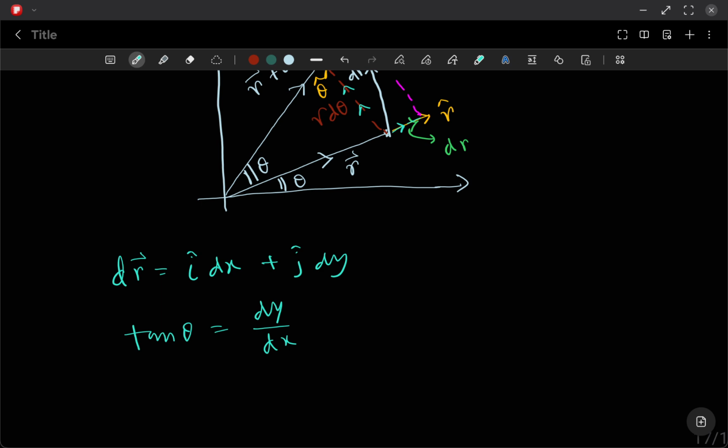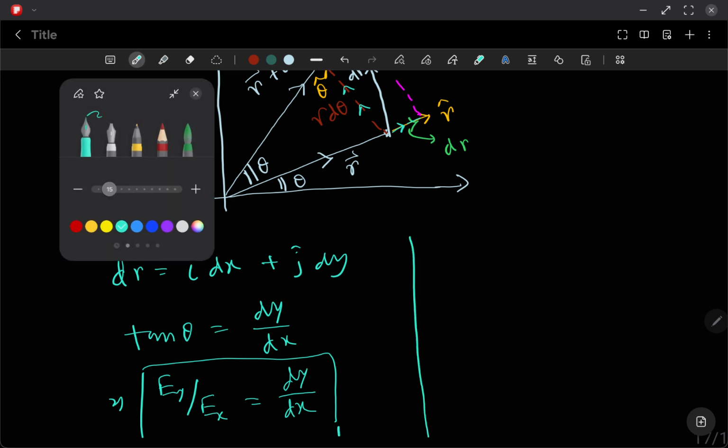So tan theta can also be written as Ey by Ex. We discussed this in the previous classes. Now you see the analogy here.